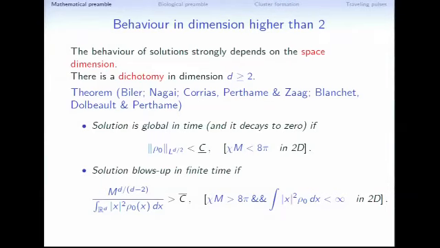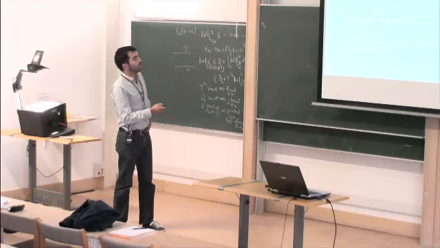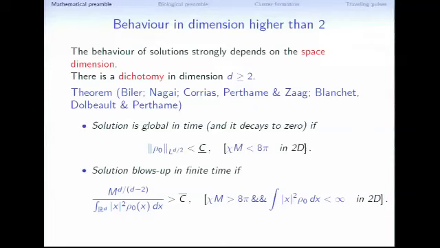So, a brief outline of the behavior you expect with such models. It depends on the space dimension, as was mentioned by Nicolaus in the previous talk. In dimension 2, there is a dichotomy, which is very nice.